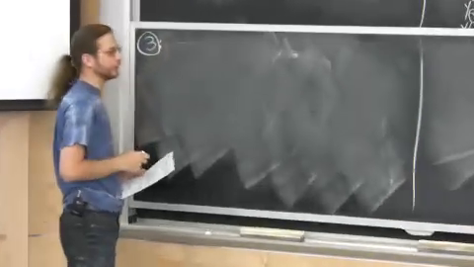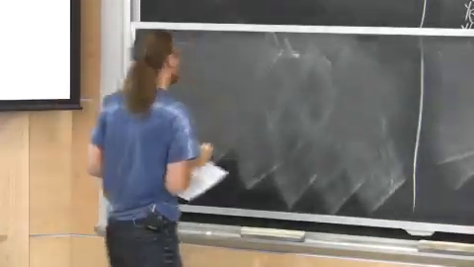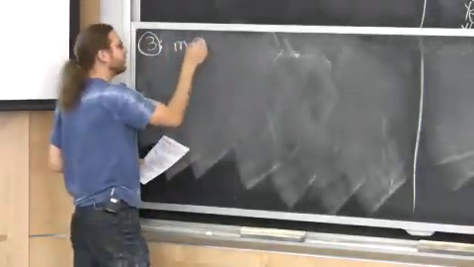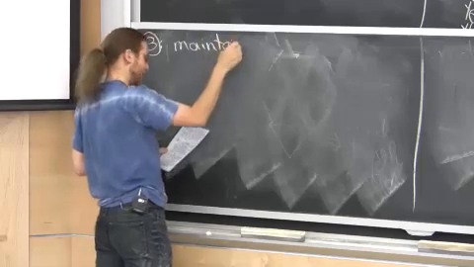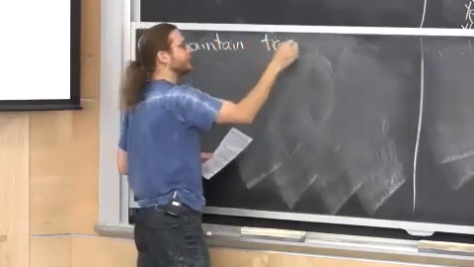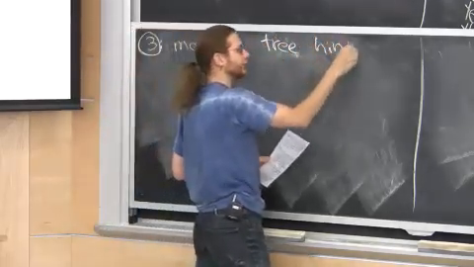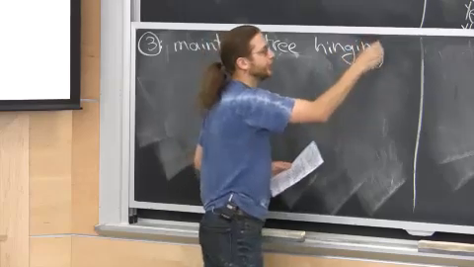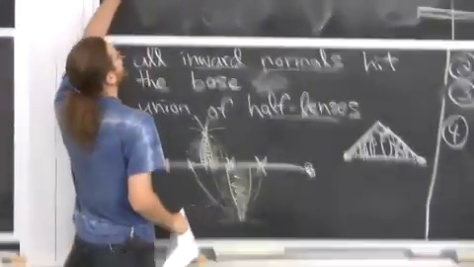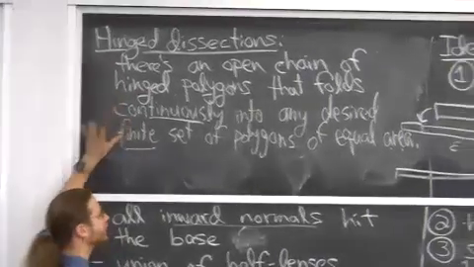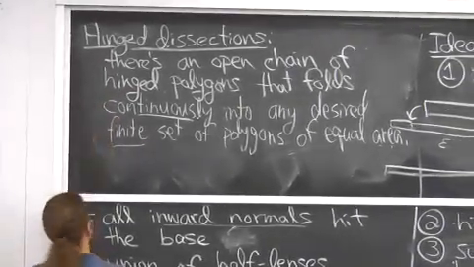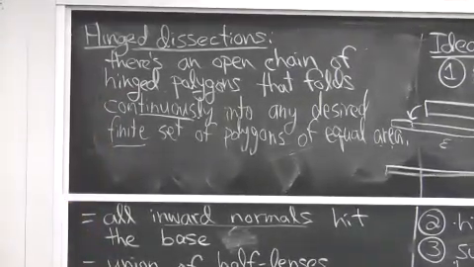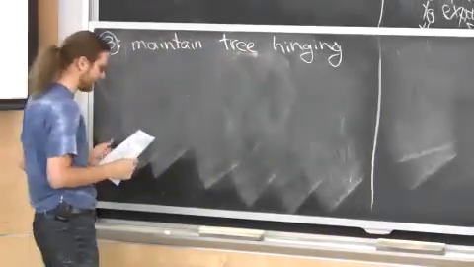So this is the elaboration on step 3. And in general, we're going to maintain at all times that the pieces are connected together in a tree. Ultimately, I want an open chain of hinged polygons, but I'll worry about that at the end. For now, let's take it to be a tree. So far, it looks like a chain, but a tree is easier to think about.